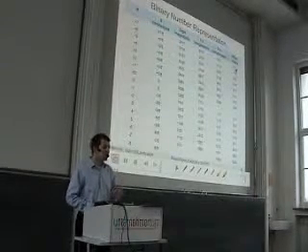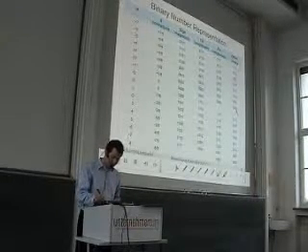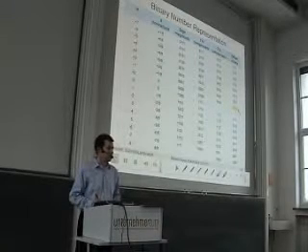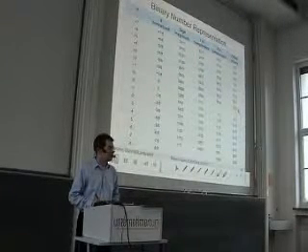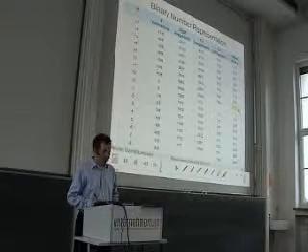So the 0 crossing between positive and negative values is somewhere in between. In our case, it is here. So this is the reason why we call this offset binary coded.